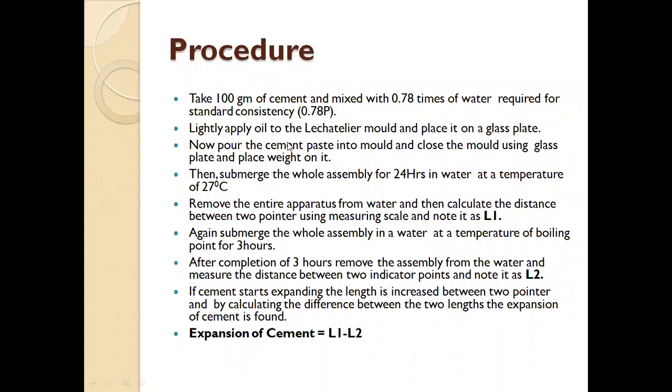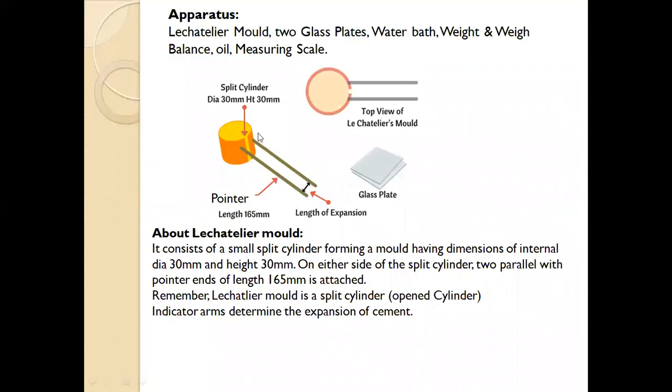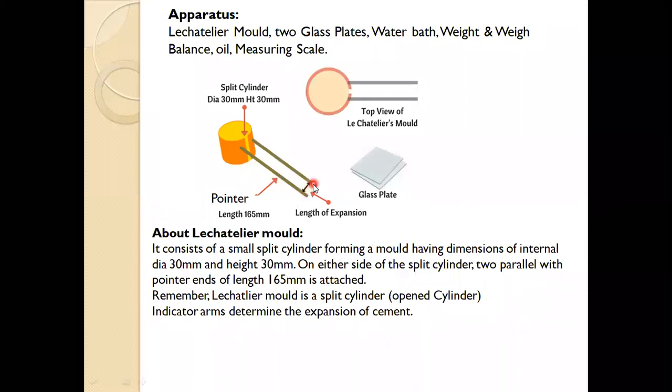So after placing into the boiling water for 3 hours, we remove the total apparatus from the water and allow it to cool down. After cooling the apparatus to room temperature, check the distance between these two pointers, that is the length L2.